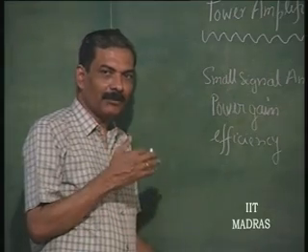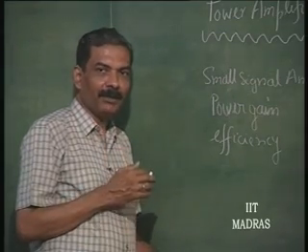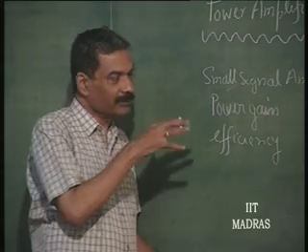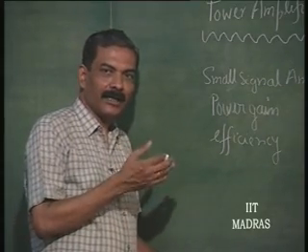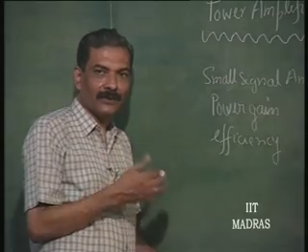We are not bothered about that initially simply because of the fact that since it is small signal, the biasing currents etc. are so small that it is of no consequence.